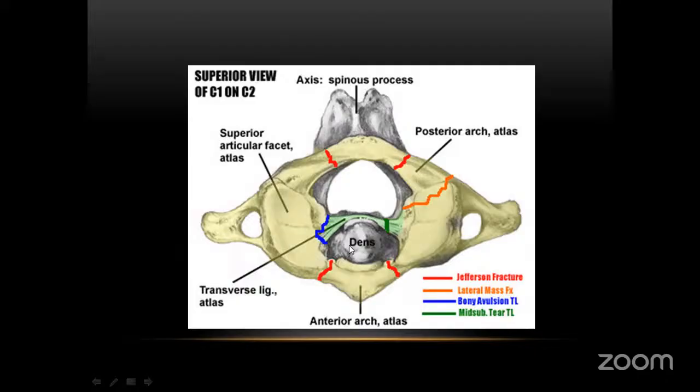Type 2A, and then 2B, there is avulsion of the lateral mass attachment of the transverse atlantal ligaments. Okay, good. So there are two types of transverse atlantal ligament disruption according to Dickman classification.